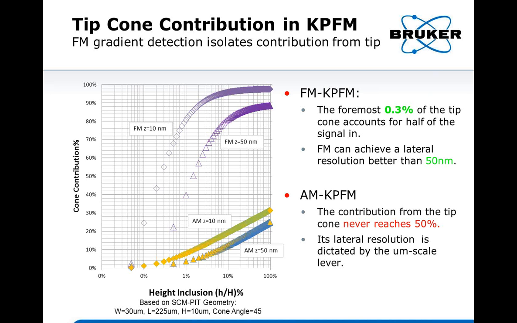So a very, very small portion of the tip cone will give you 50% of the signal. Now, if you want the tip cone to contribute 90%, you need to go to a height that's 3% of the total tip height.